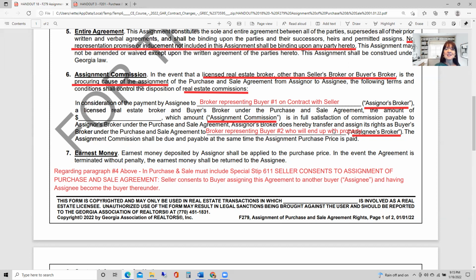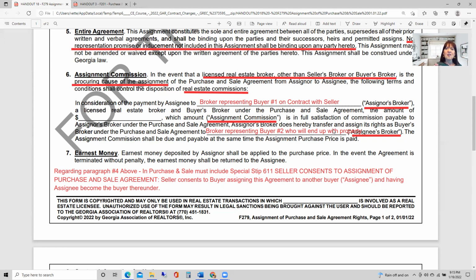And it talks about assignment commission. This is just commission on this agreement, not the purchase and sale agreement. It says, in the event that a licensed real estate broker other than the seller's broker or buyer's broker, the seller's broker being the one who represents the seller in the purchase and sale agreement, the buyer's broker, with reference to this, being the broker that represents buyer A, investor, assignor.